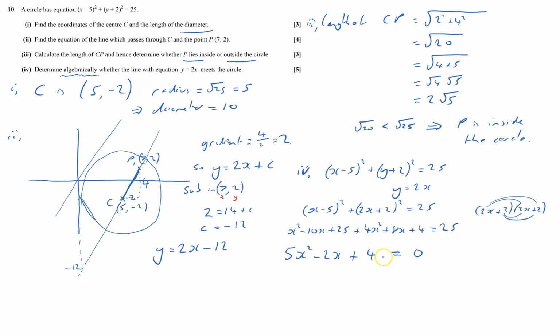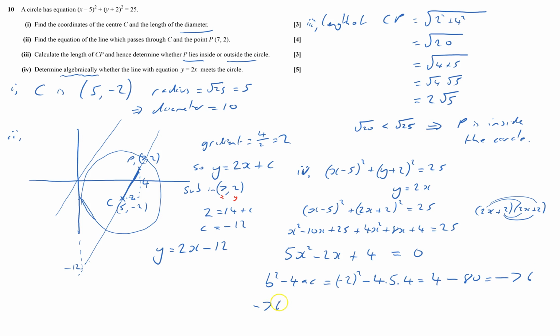So that's my equation. To find out whether it meets the circle, it doesn't say where, what I need to do is look at the discriminant. So b squared minus 4ac equals (negative 2) squared minus 4 times a, which is 5, times c, which is 4, which equals 4 minus 80, which equals negative 76.